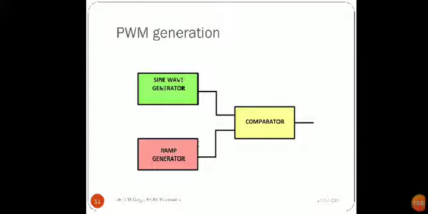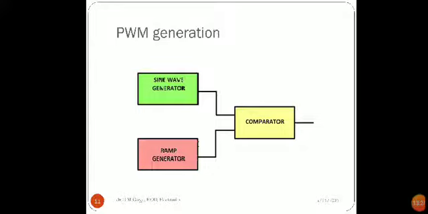In order to generate pulse width modulation, you have to use a sine wave generator or say an information source for the message signal, and a ramp generator. The ramp generator signal's frequency should be much higher, at least 10-20 times that of the sine wave generator.